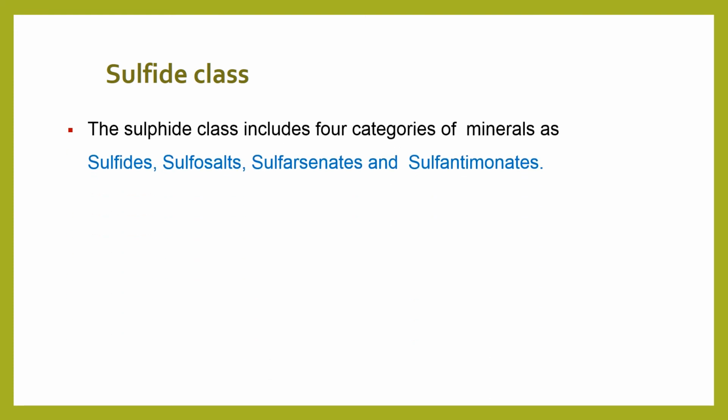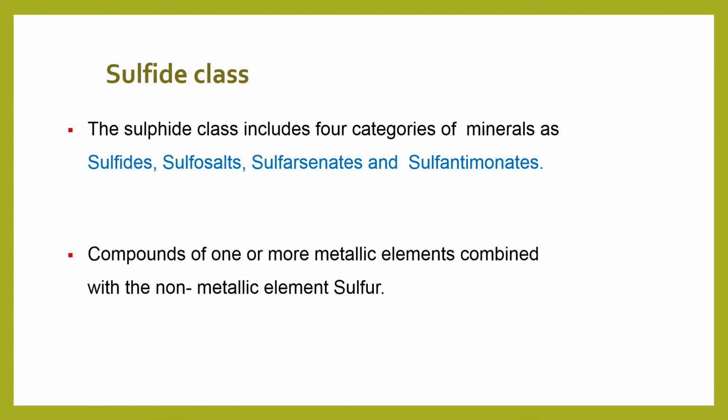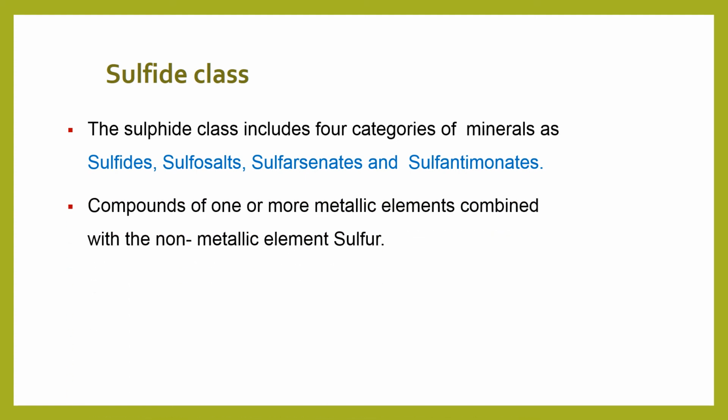So the sulfide class includes four categories also, as you can see here: sulfides, sulfur salts, sulfarsenates, and sulfantimonides. Okay, sulfides are economically important, as I said.